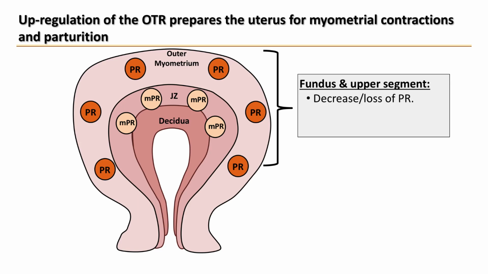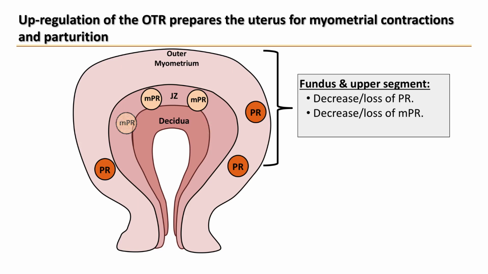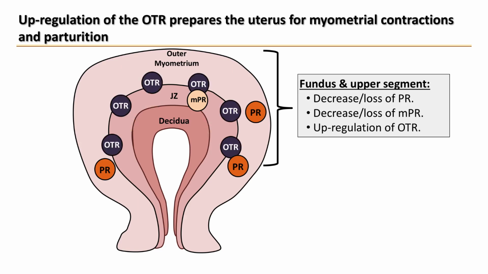So in the fundus and upper segment, we see a loss or a decrease of PR. And when we lose PR, we typically also see a loss of membrane-bound progesterone receptor, predominantly PGRMC1. And collectively, that leads to an upregulation of oxytocin receptor.